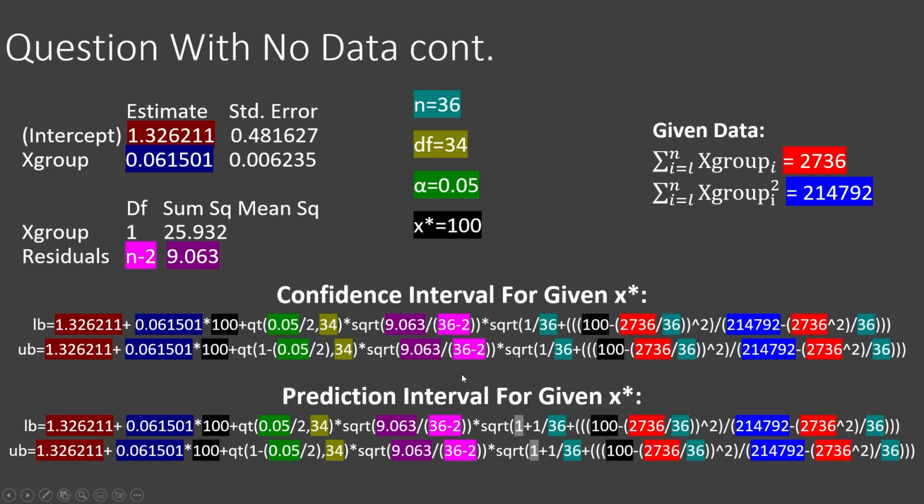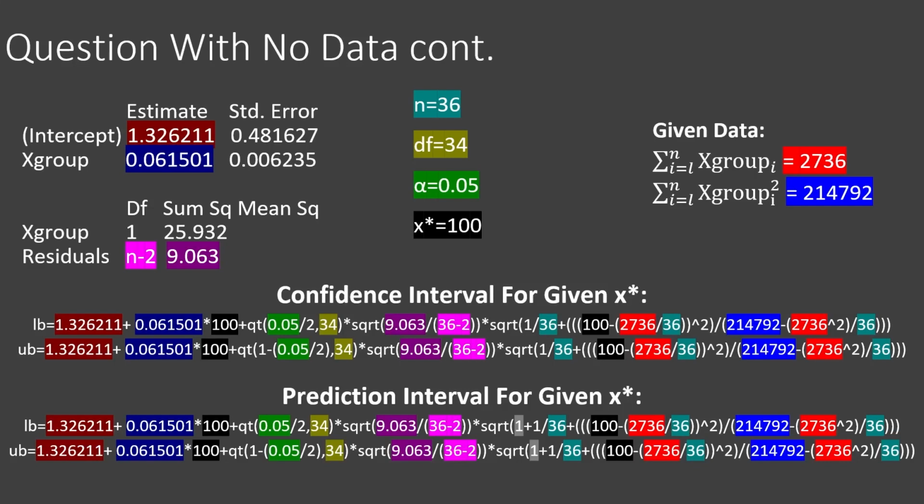And so you can, I don't know, take a screenshot, whatever, and in any case, each of these specific parts are highlighted to show what goes where, right? And hopefully this makes the confidence and prediction interval question a bit easier to understand and how to solve. Generally, you'll be rarely asked this question in a no data question, but in case you are, this is how you do it, right?